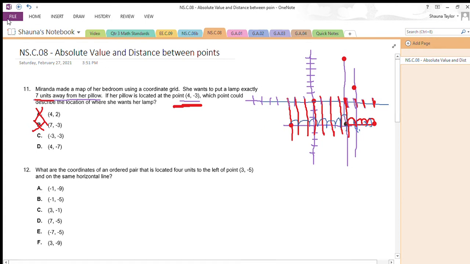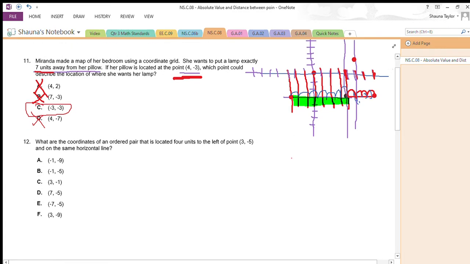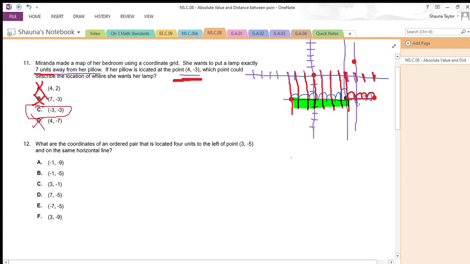Oh, there it is. That's where our distance is from here to here. That's 7 distances. So our answer is C. So we can come over here and circle C. And we know D doesn't work. So that's how you can do that one. So again, paper and pencil are going to be your biggest friend. Don't erase. I mean, if you do something wrong, just exit out.